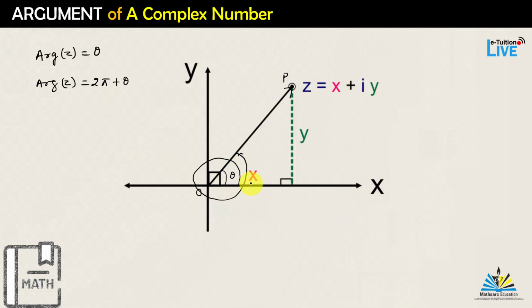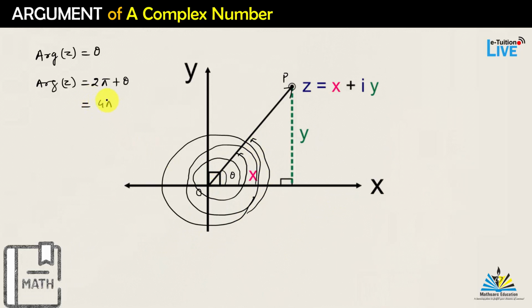You can also say that it makes two complete rotations like this, and then it is making angle theta. So again you can say that this is 4 pi plus theta. If you rotate it in the clockwise direction, then you will see that this is minus 2 pi plus theta.